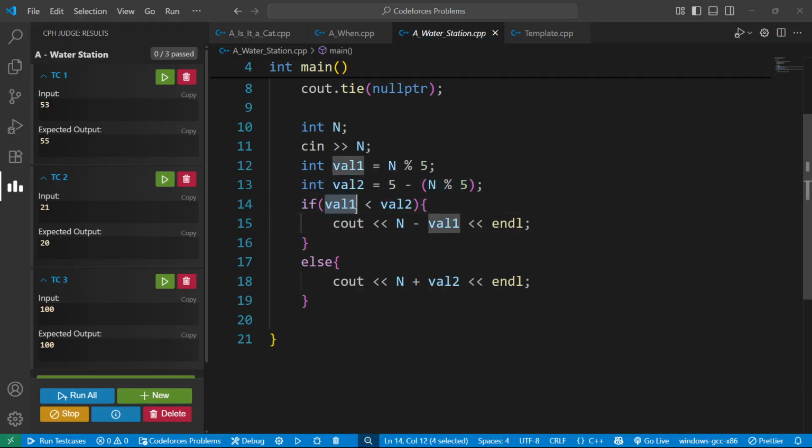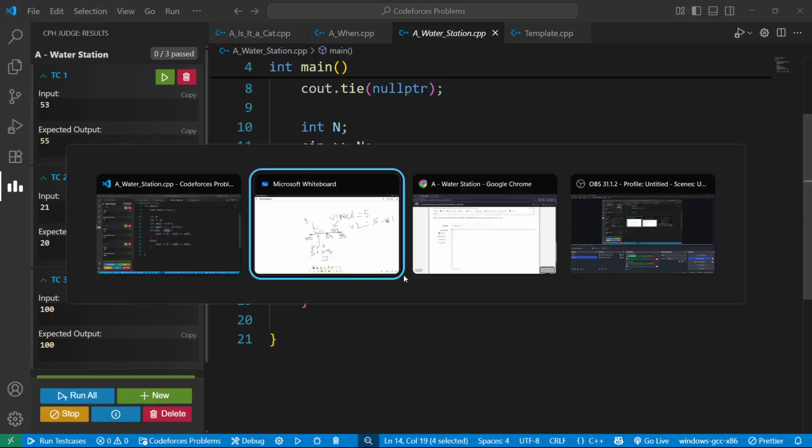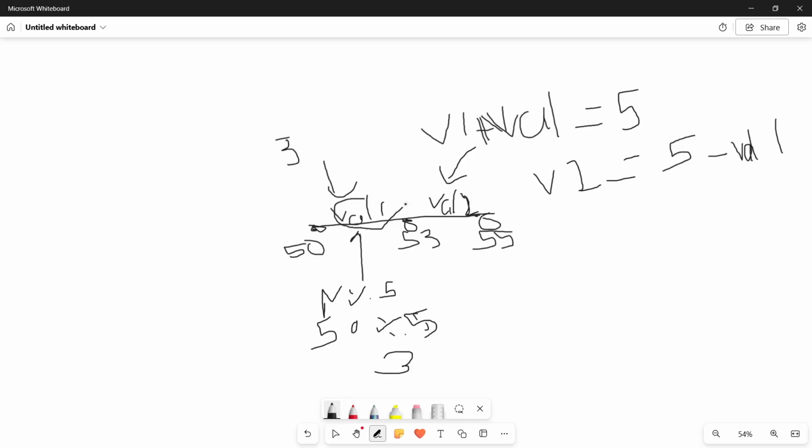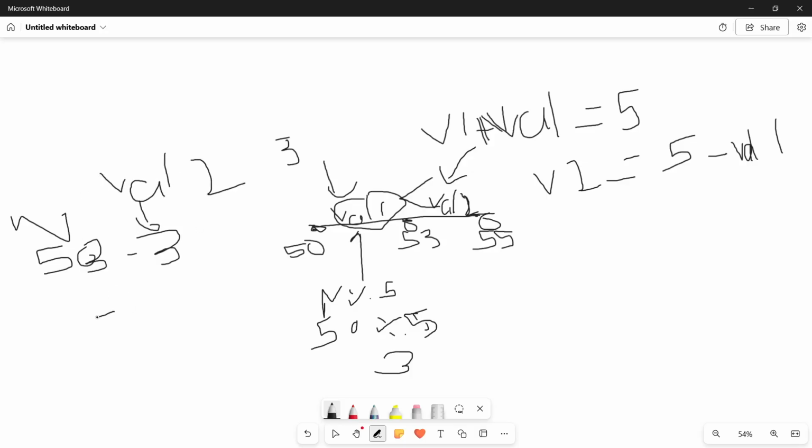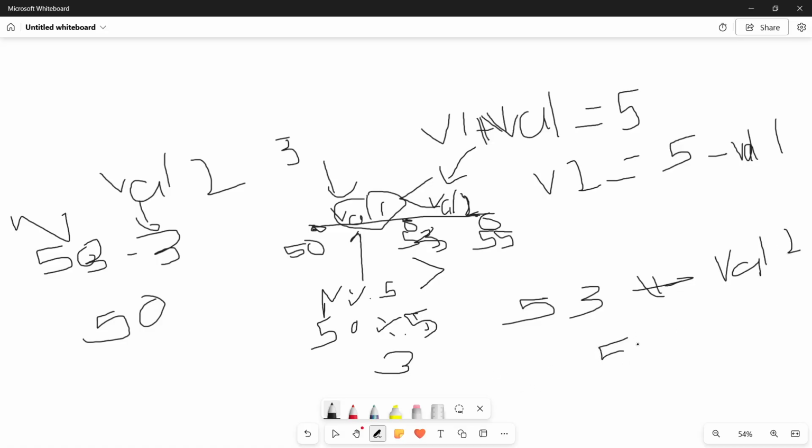If value 1 is less than value 2, then we just have to subtract value 1 from n. Here 53 is equal to n, so we minus 3, which is value 1, and it will be 50. But here value 1 is greater, so we just have to do 53 plus value 2, which is equal to 55, the correct answer for this question.